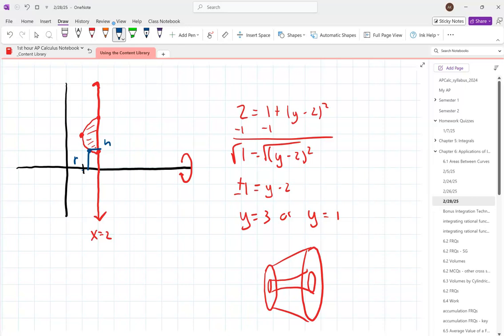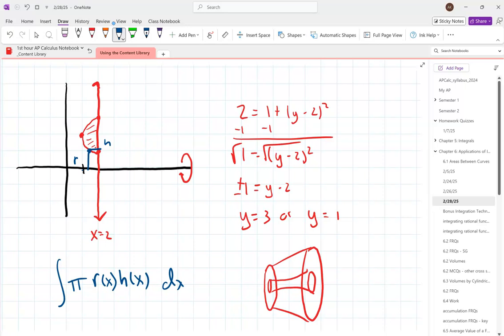So I'm going to be integrating along the x-axis because that's my axis of rotation. And then I need pi r of x times h of x. Does that feel okay there?